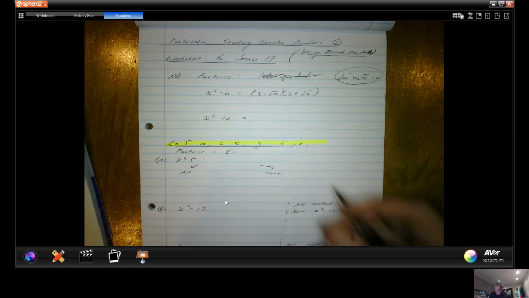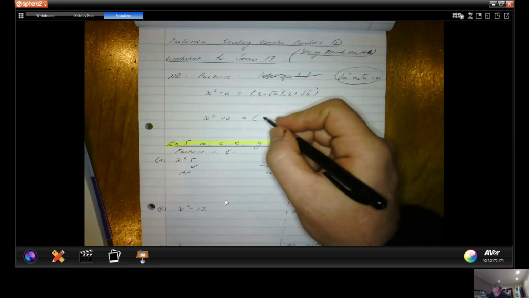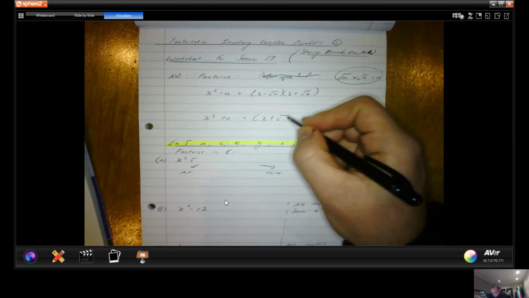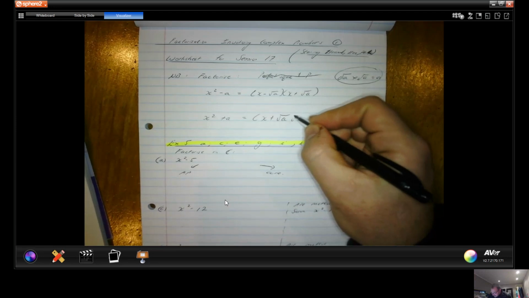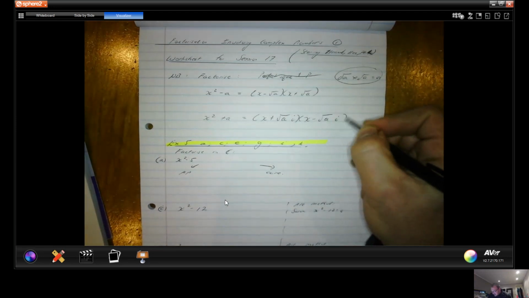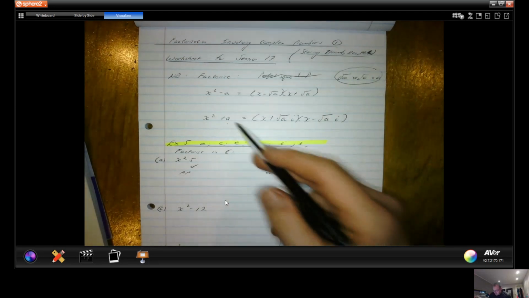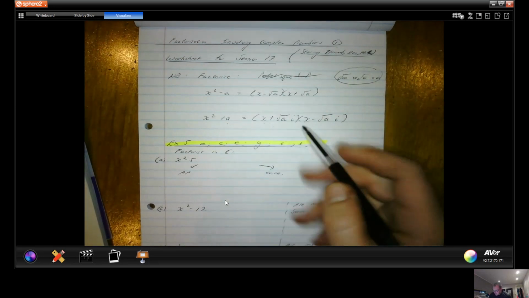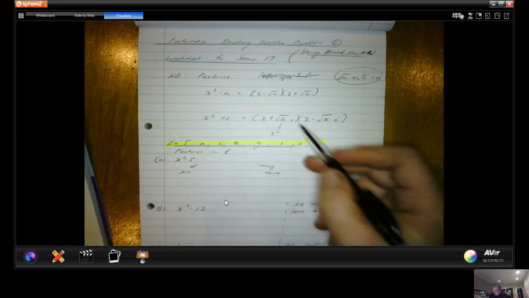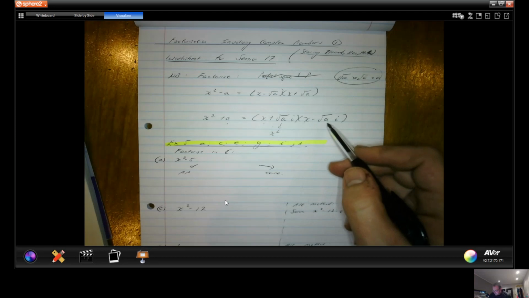Then your x squared plus a would factorize to x plus root a i, x minus root a i. Times it back out and check that you get back to x squared plus a. Well, x times x would be x squared. Those two would cancel out, and you'd be left with root a times root a.